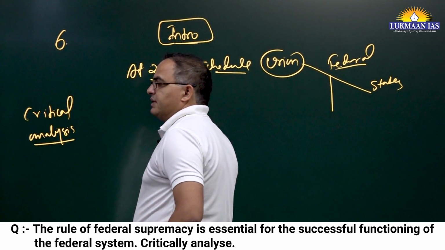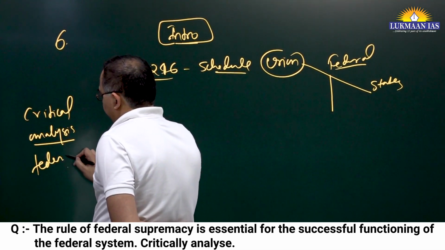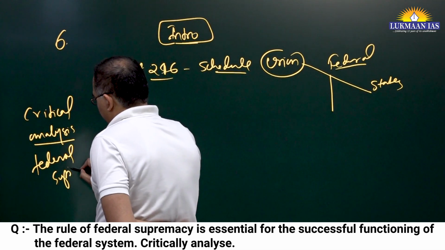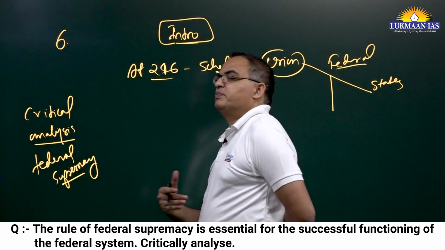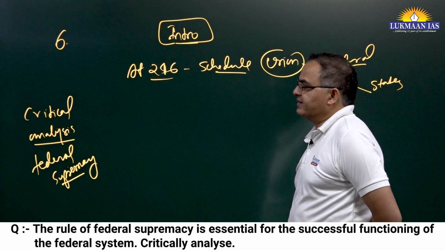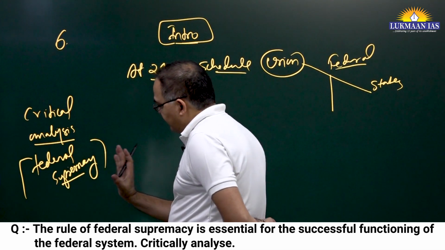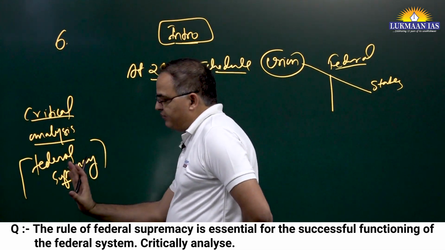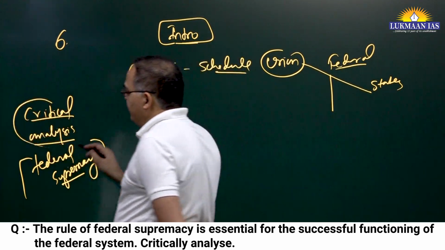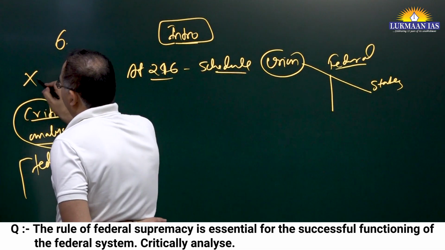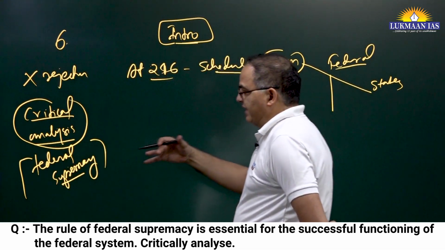When we say federal supremacy, first people will not understand what the context is, and you have to go in depth. Critical here does not mean rejection. You should know that. You don't have to reject the question, you have to explain it.